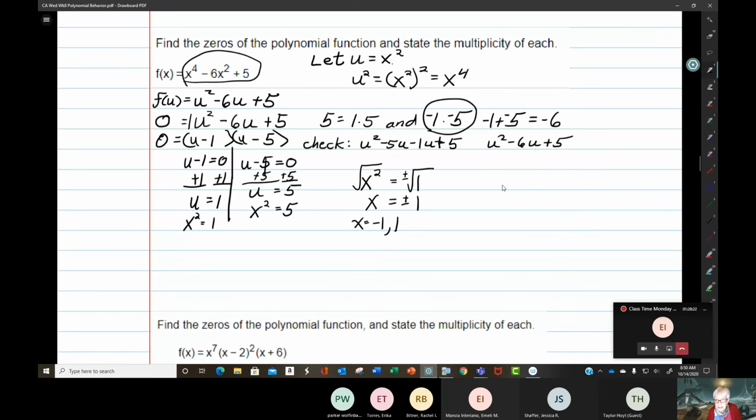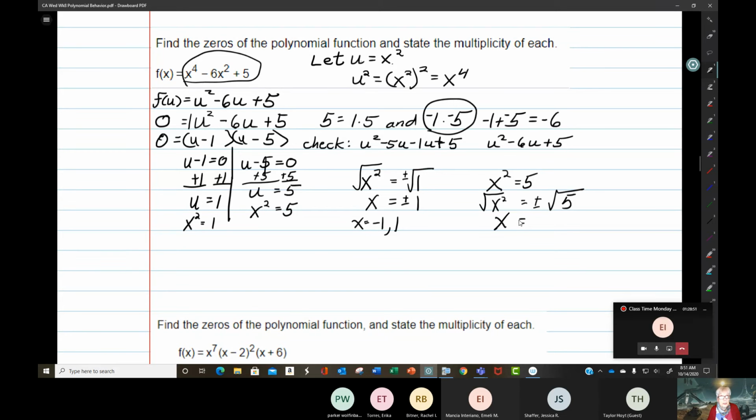Now we come over to x squared equals 5. I take the square root of both sides. The square root of x squared equals plus or minus the square root of 5. So x equals the square root of 5, which is a run-on decimal.